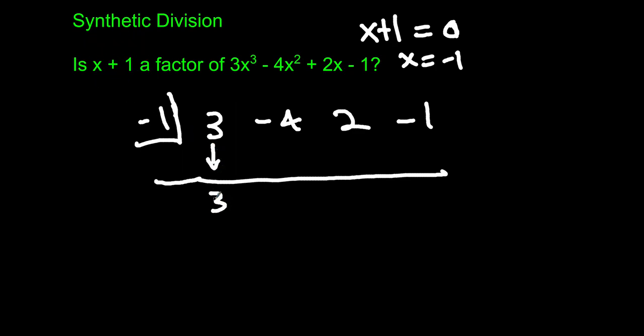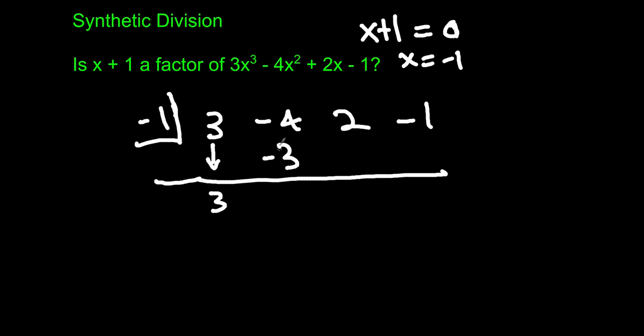So you bring down the 3, this is the first step, and then you multiply these two numbers. Negative 1 times 3 gives you a negative 3. And then you add these two. So this is really similar to what we did before. We said how many times does this go into something, and then we multiplied. You multiply here, and then you would subtract, but we don't have to subtract because we're doing the negative here.